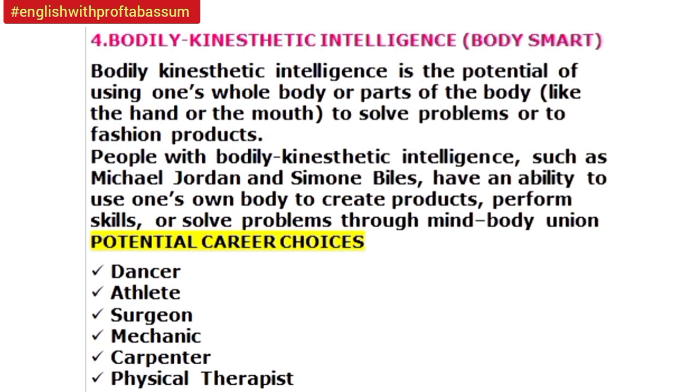People with this type of intelligence can have a career like a dancer, athlete, surgeon, mechanic, carpenter, or physical therapist. If you see, all these career options require mind and body union.